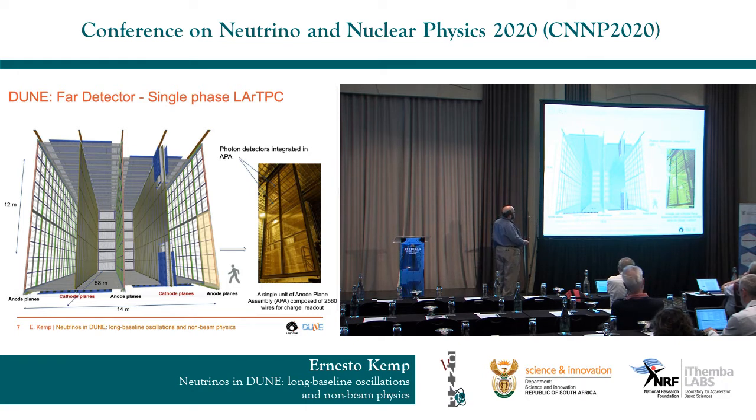And this is a picture that we had in ProtoDUNE, where we can see in the walls the membrane of the cryostat. And here is one of the mesh panels in which it's possible to see these horizontal bars that are components of the photon detection system.